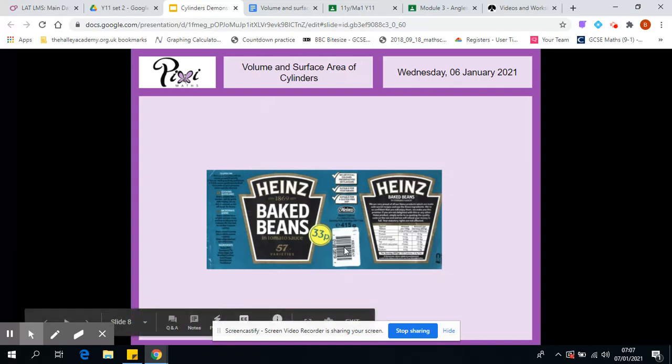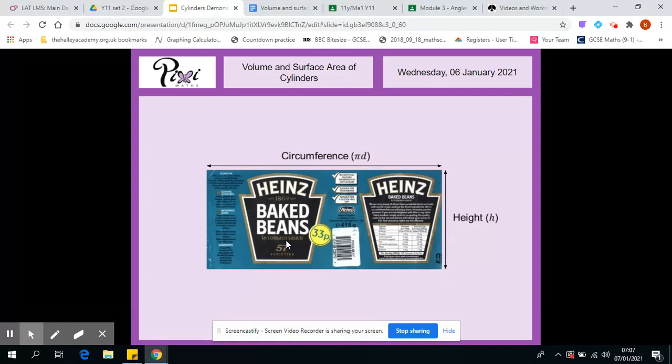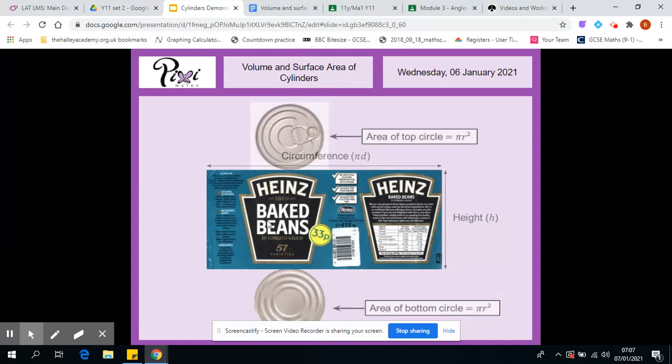Now let's look at how we can calculate the area of the middle face. One side is the height of the cylinder, and please note the length of this rectangle is the circumference of the circle, which is given by the formula pi times diameter.